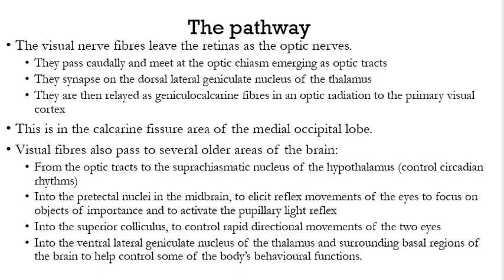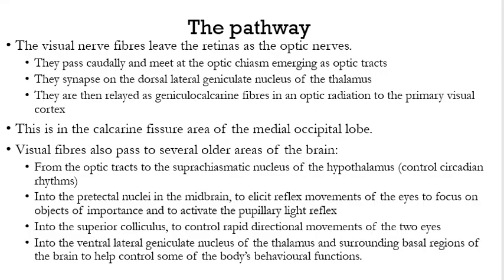They are then going to synapse on the dorsolateral geniculate nucleus of the thalamus. We have already talked about this. They are then relayed to the calcarine fibers in an optic radiation, which we will talk about as well. I think we will come back to this at another point.